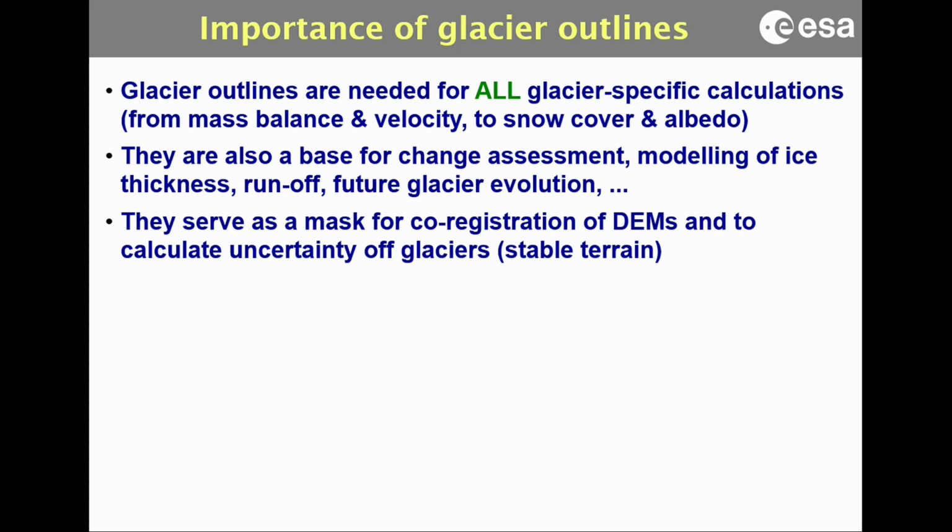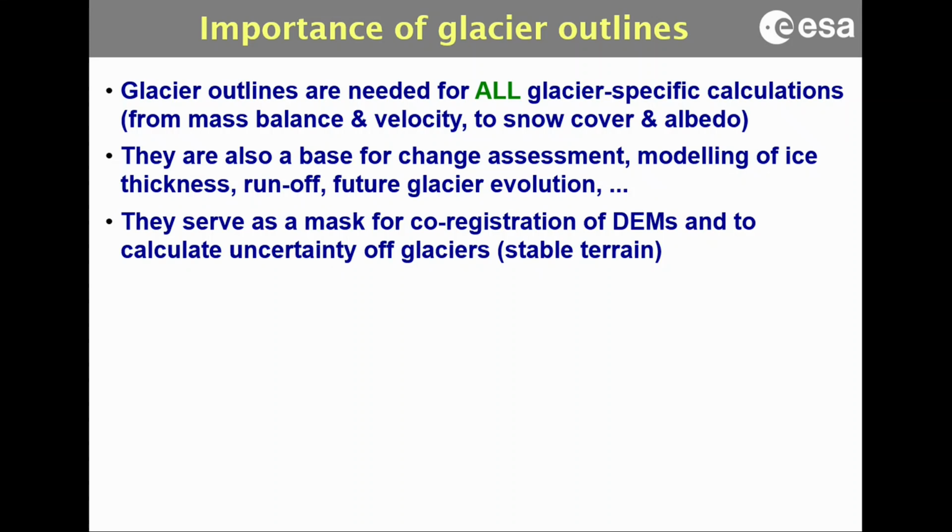They're needed for really all glacier-specific calculations. So from mass balance and velocity fields to snow cover and albedo and whatever. They're also a base, of course, for change assessment. You need a baseline data set to determine the changes. Modeling of ice thickness as shown, runoff, future glacier evolution, and so on. These all need glacier outlines as an input.